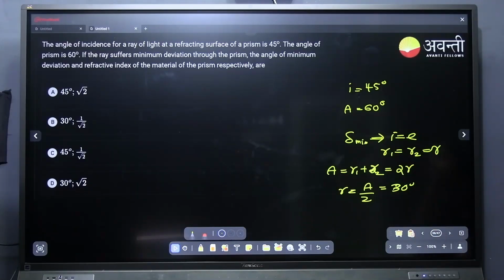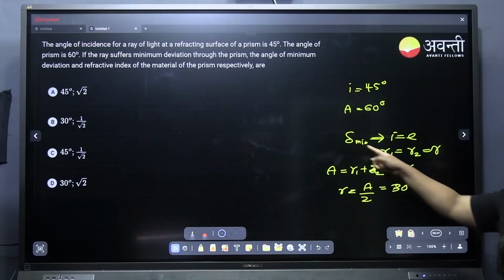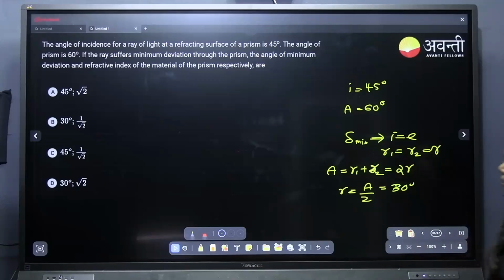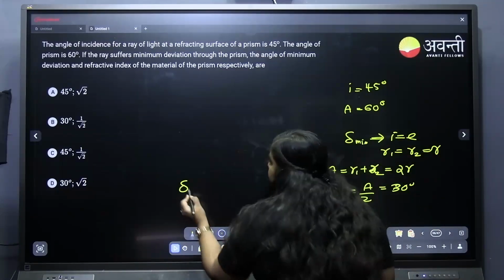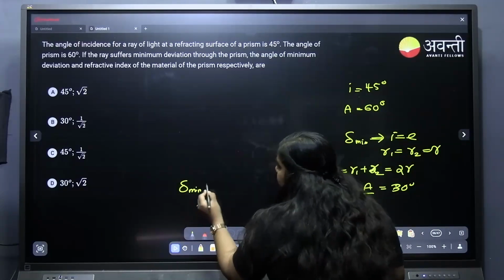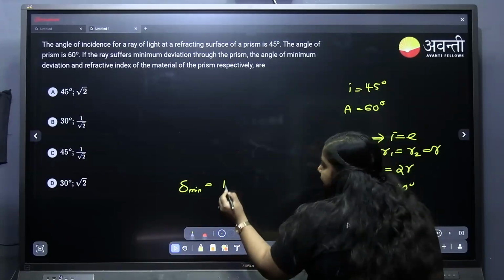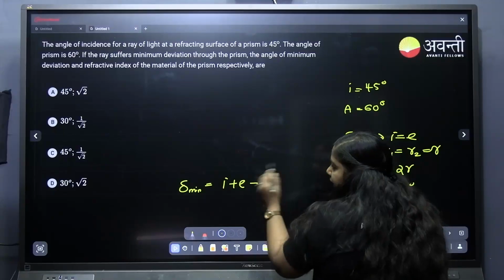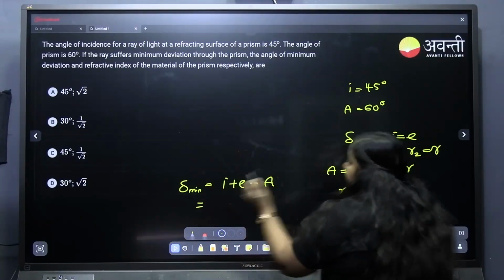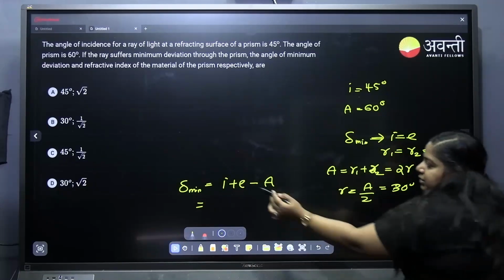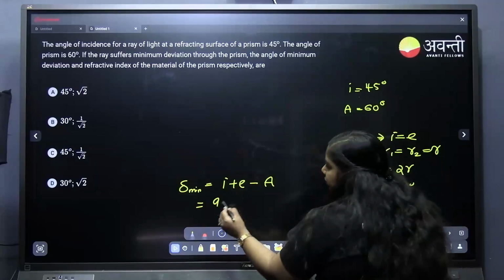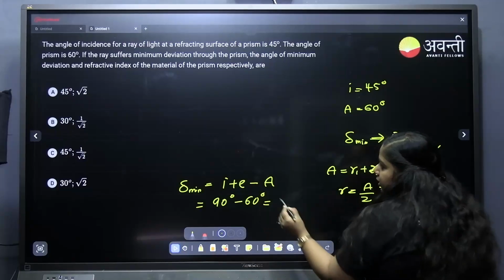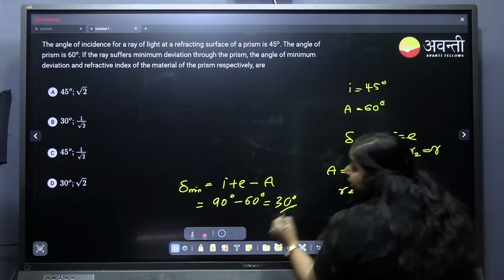So what we have to find? Delta minimum and mu. Delta minimum, how can we find? Delta minimum is equal to I plus E minus A. A is already given. Since I equal to E, this will be equal to 45 plus 45, 90 degree, minus 60 degree, which is equal to 30 degree.